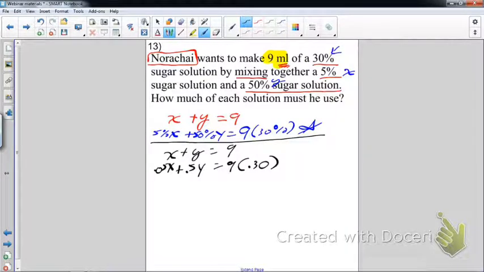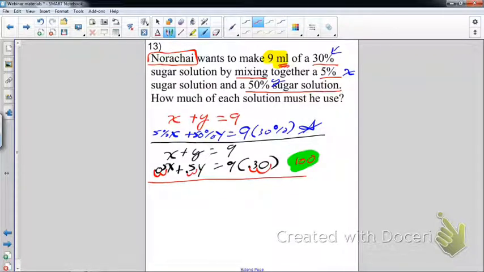So I am going to multiply the entire bottom, and only the bottom, by 100. The reason I'm multiplying by 100 is that it moves the decimal place twice for every decimal, which turns everything into whole numbers.